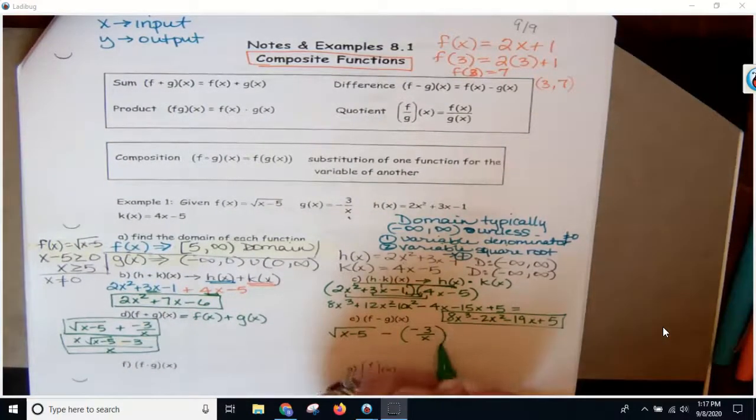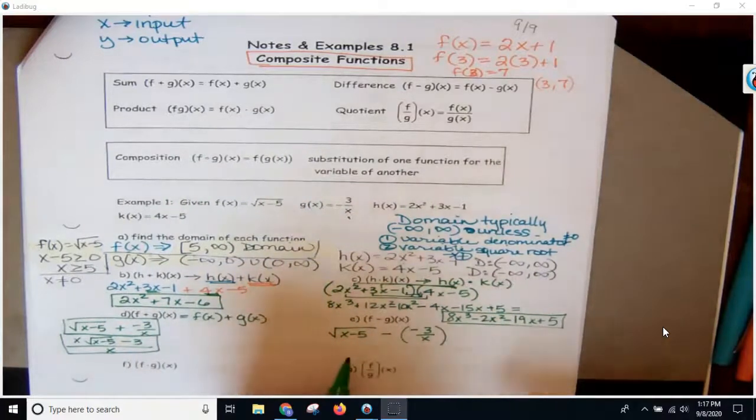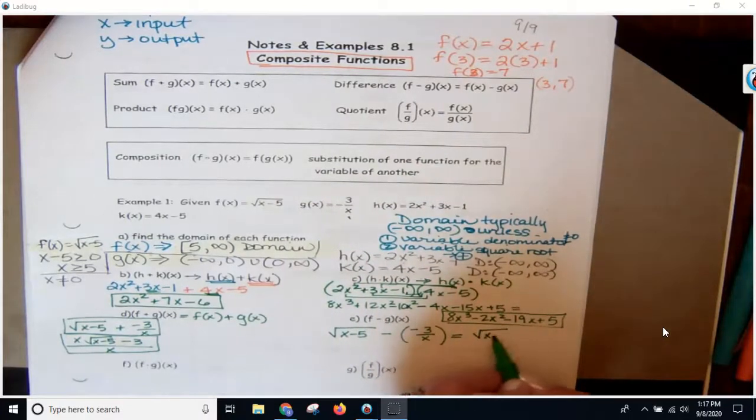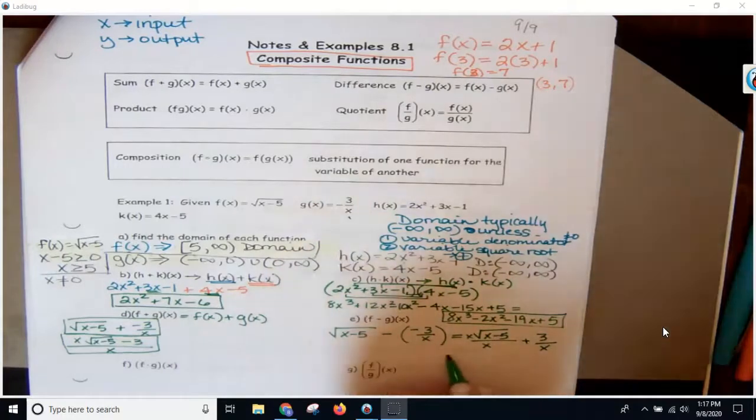And because over here it's going to turn positive. So when I work this out, if I want a common denominator, I'm going to get x minus 5 plus 3 over x, and then that would just give me all over x.